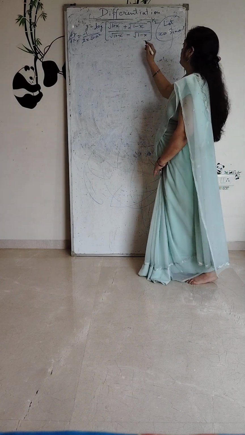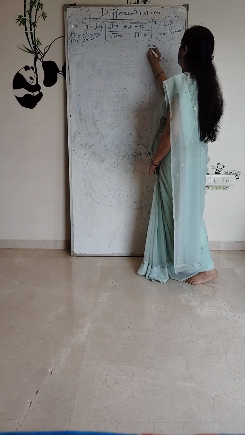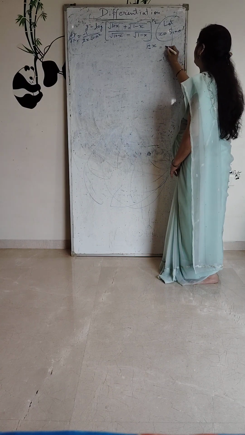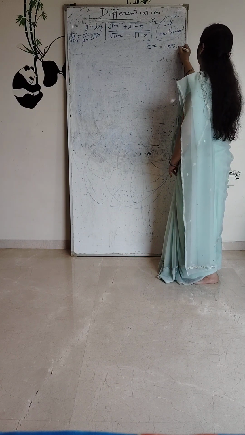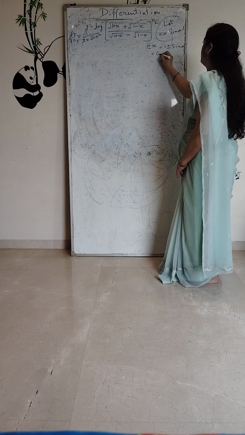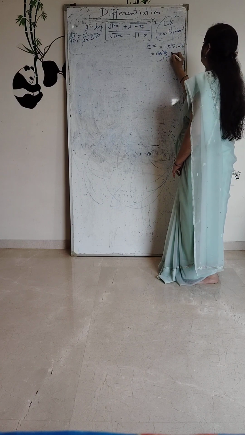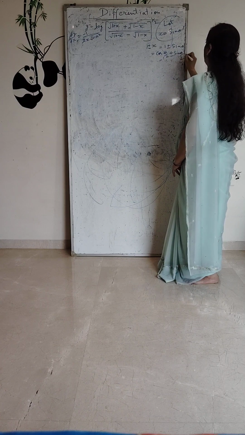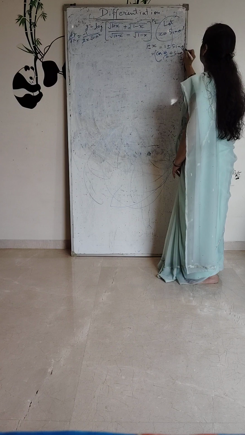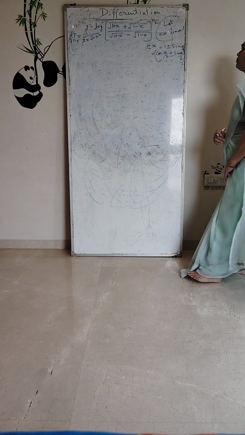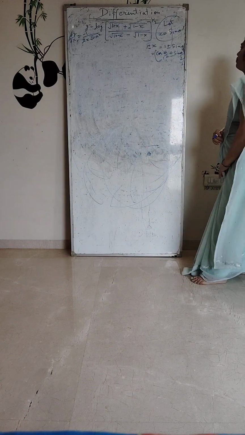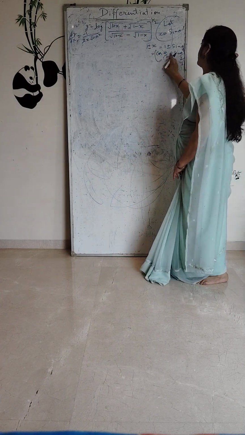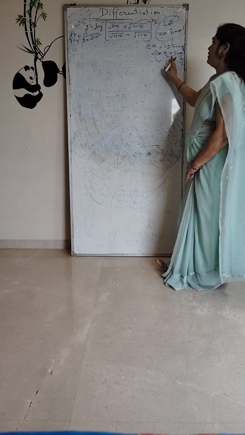So the whole factor will be reduced to 1 plus or minus sine theta, which can be written as cos theta by 2 plus or minus sine theta by 2, whole square. It becomes the formula of a plus b whole square or a minus b whole square. According to the sign, plus will be plus and minus will be minus.